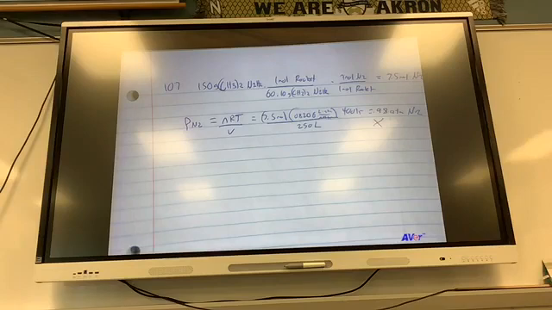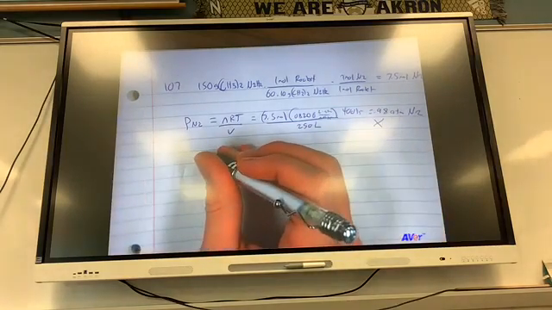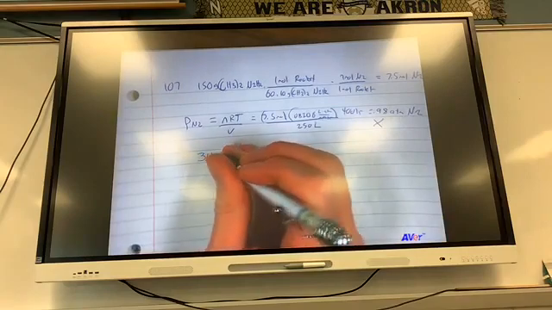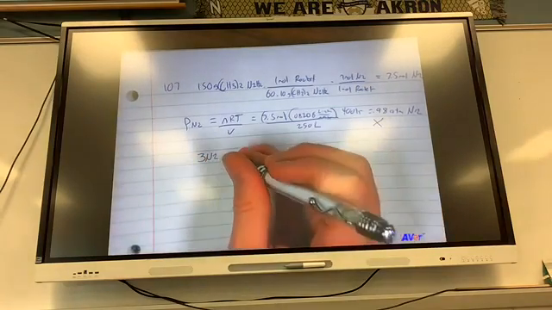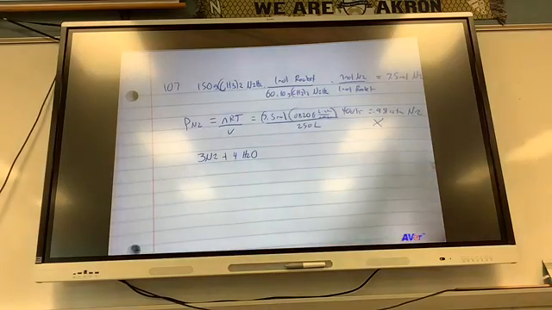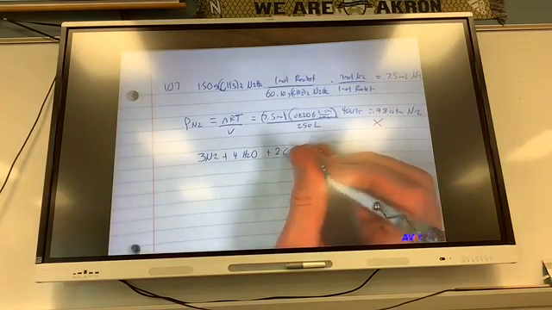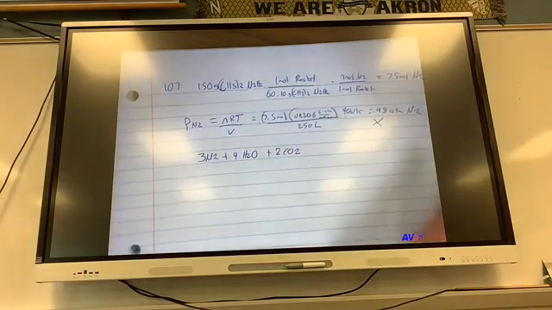Well, I know that my total pressure is going to be 3 moles of N2, plus 4 moles of H2O gas. This is just from the balanced equation. Plus 2 moles of CO2.